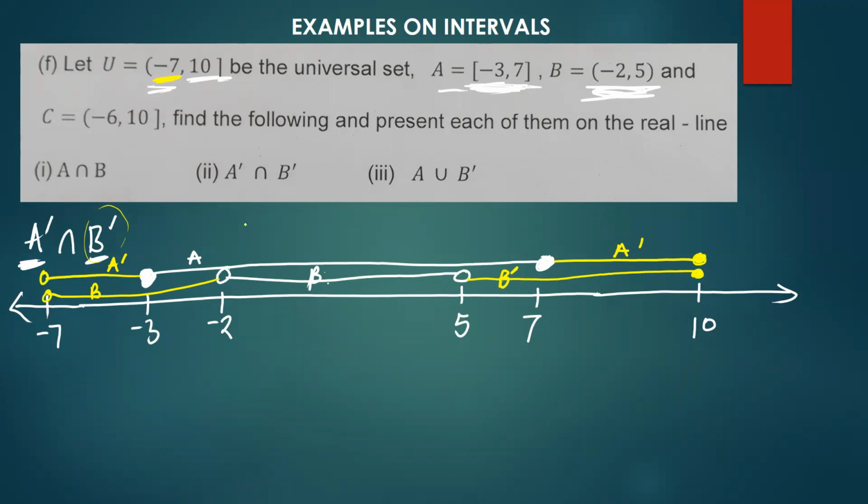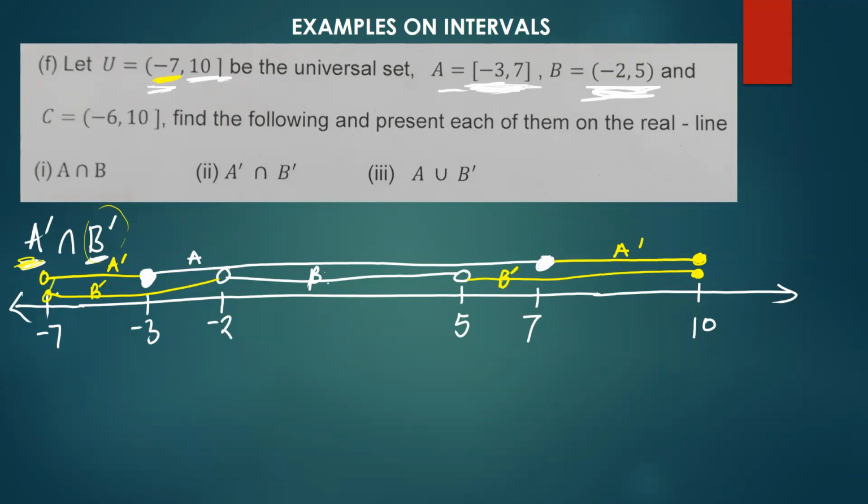Now we're trying to find the common elements between the complements. Between A complement and B complement, which parts are common? Where the two lines for the complements are meeting, that's where our intersection lies.